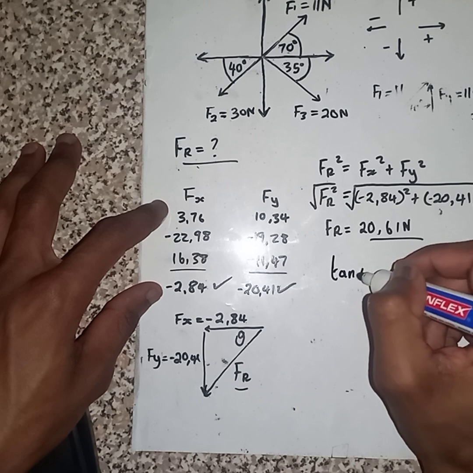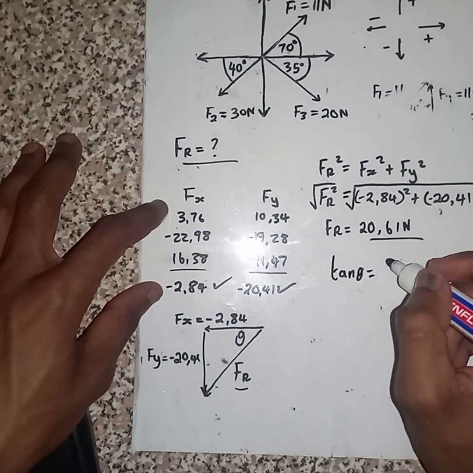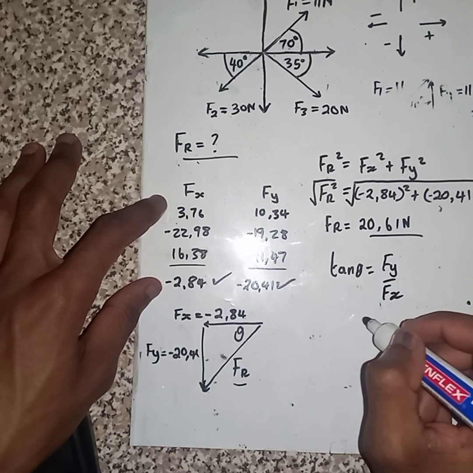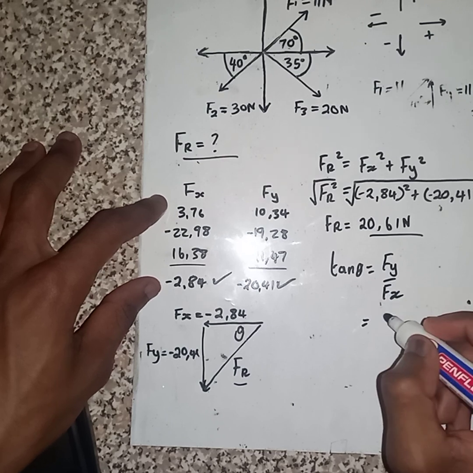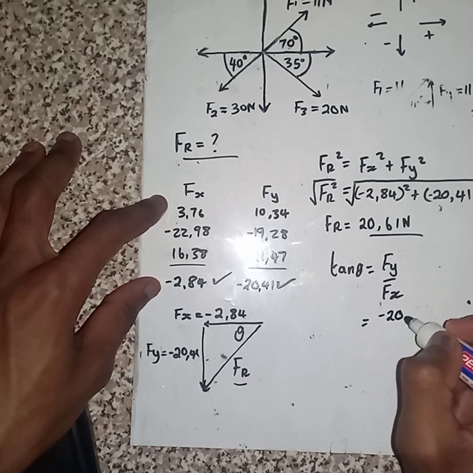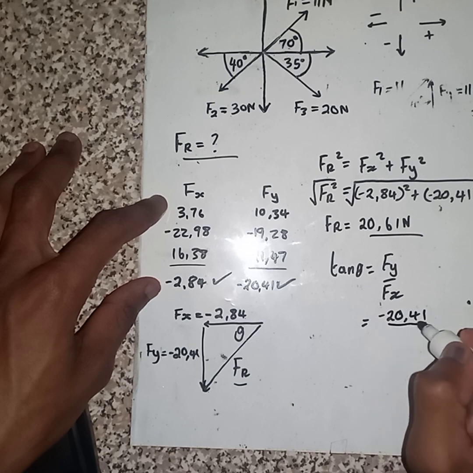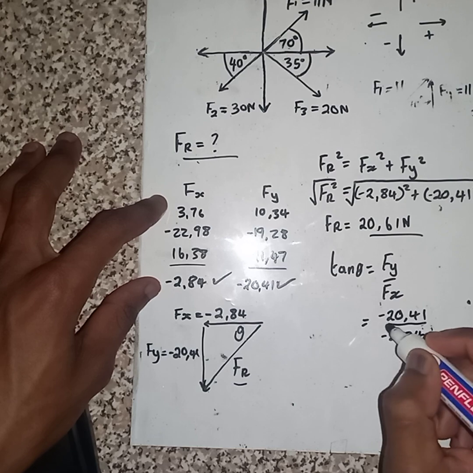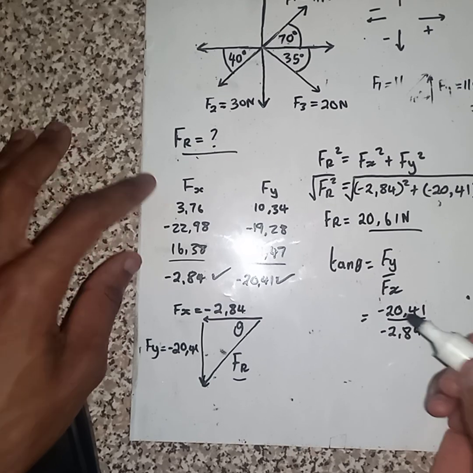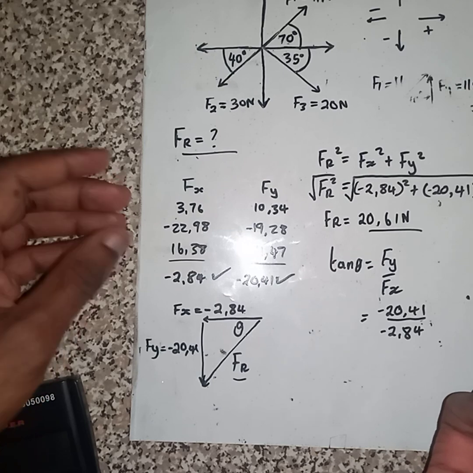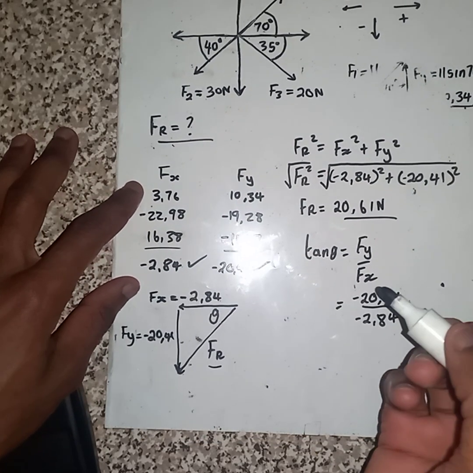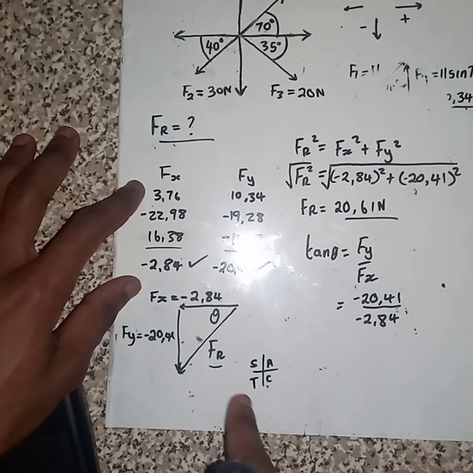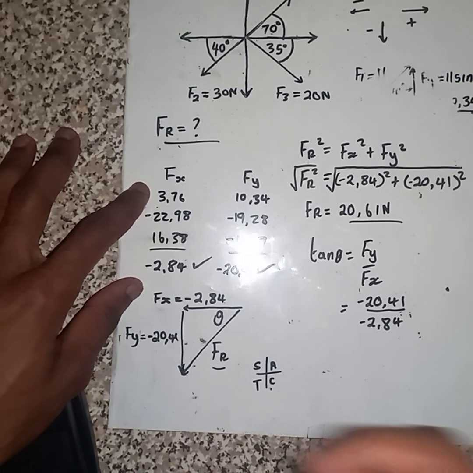Going to say tan theta equals fy, our opposite, over adjacent. Our fy is negative 20,41, then negative 2,84. The negative cancels negative. We are going to get a positive answer. In fact, do you still remember from trigonometry, the CAST rule, that tan in this quadrant is going to be positive? See?